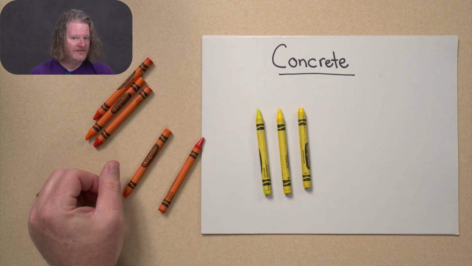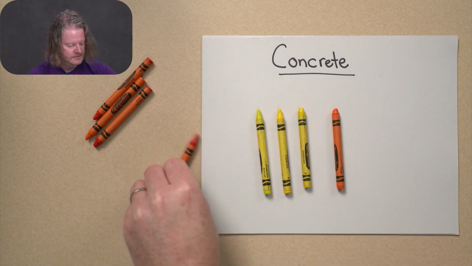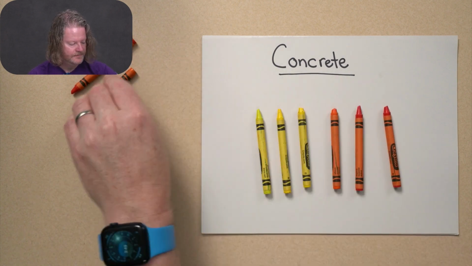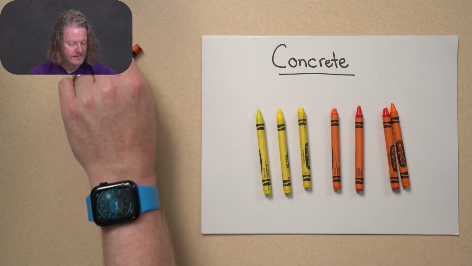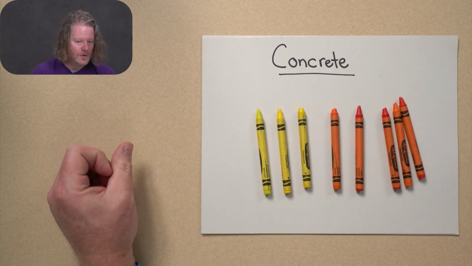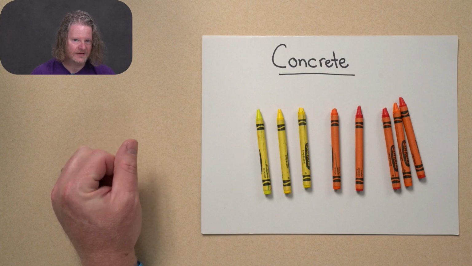And he had 5 orange crayons. 1, 2, 3, 4, 5. And the word problem question is, how many crayons did Ryan have in all?